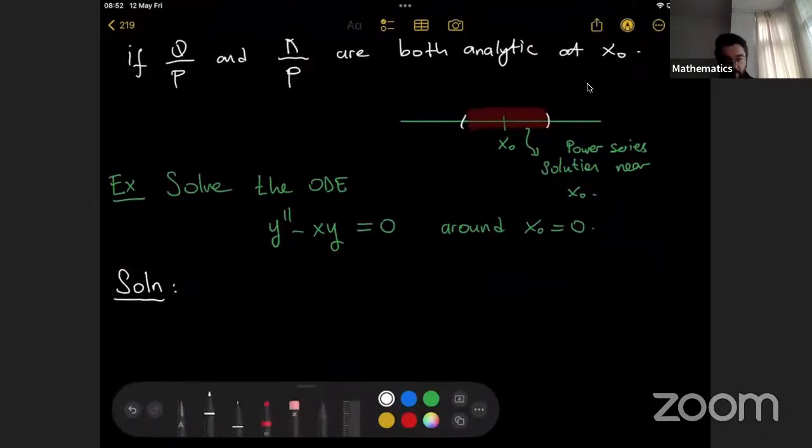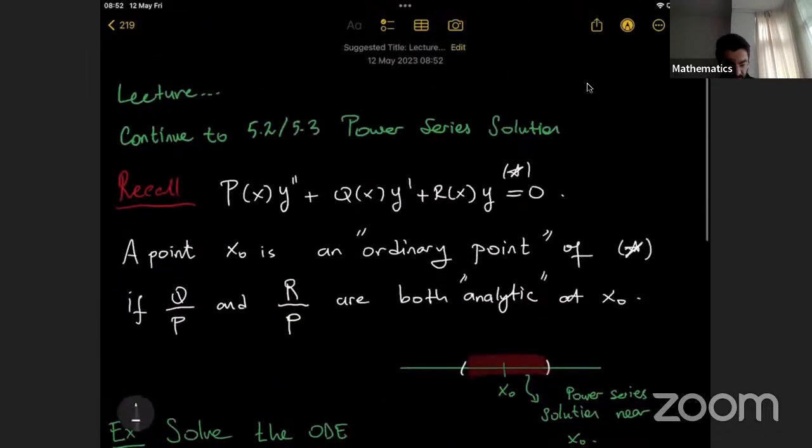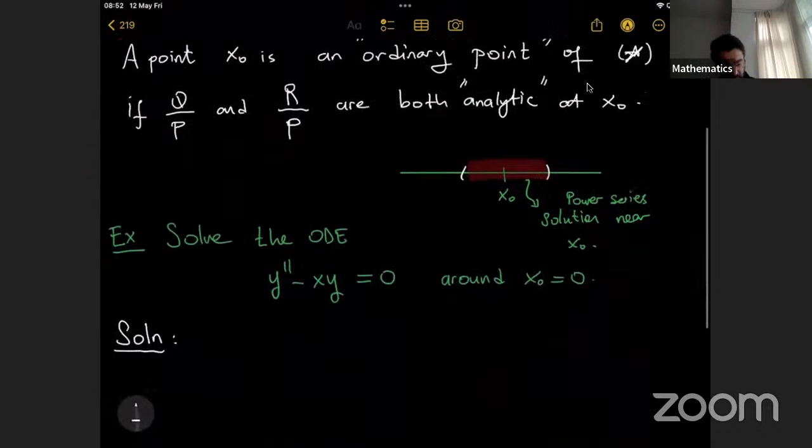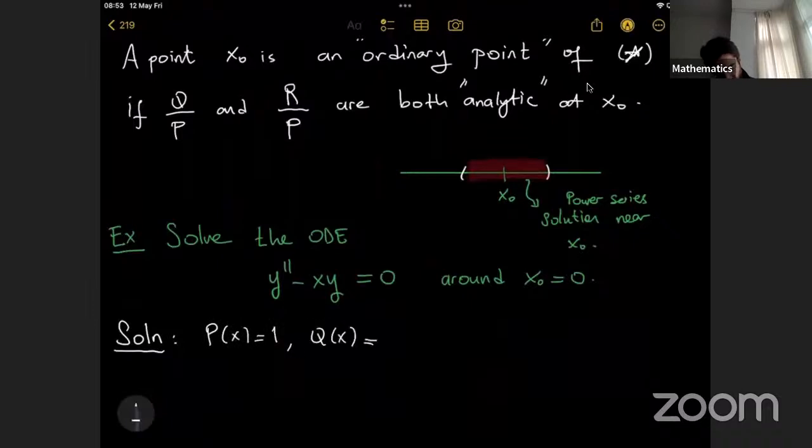Well, first of all, let us check that this point is an ordinary point. For this purpose, what are p, q, r? Here, p is 1, right? Remember, p is the coefficient of y double prime, so p of x is 1, q of x is minus x, and r of x is equal to 0.